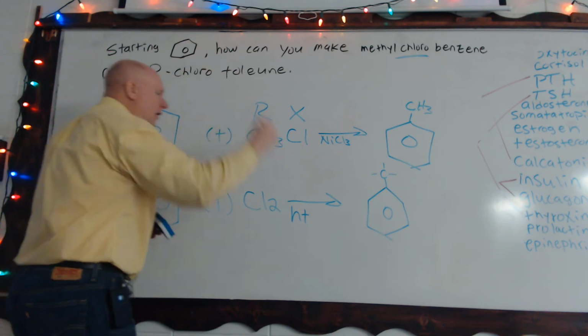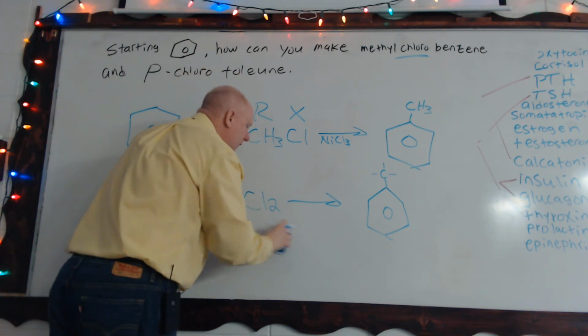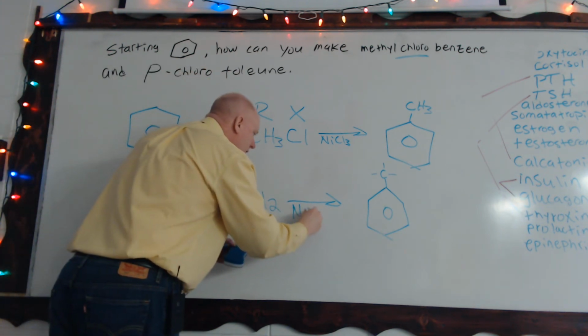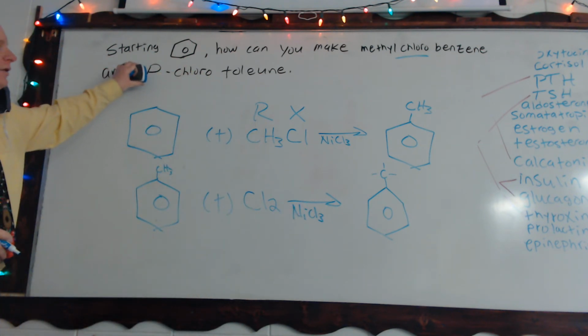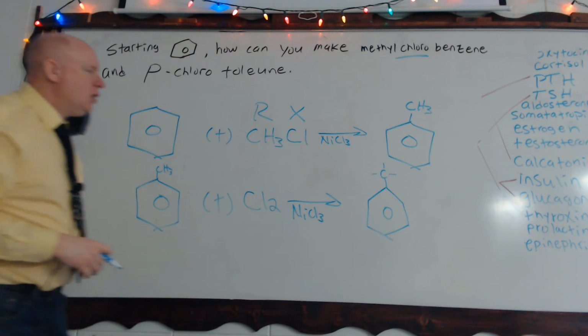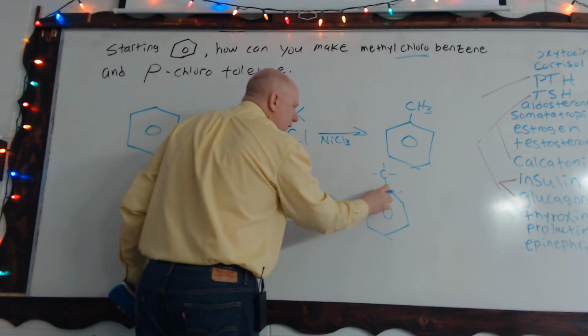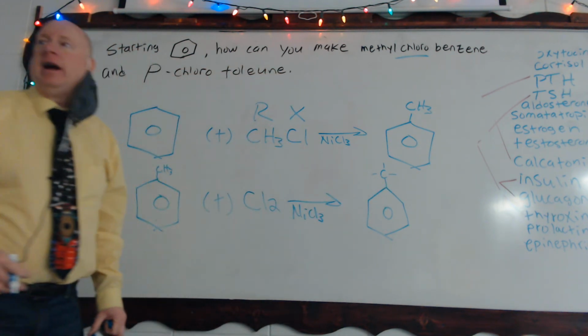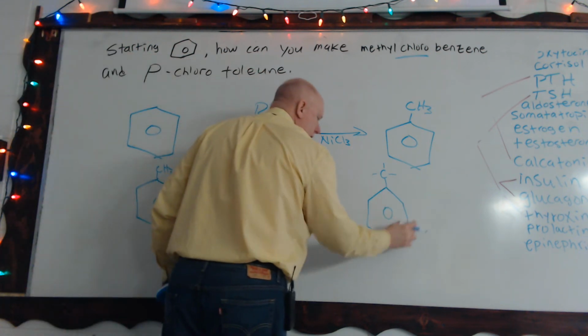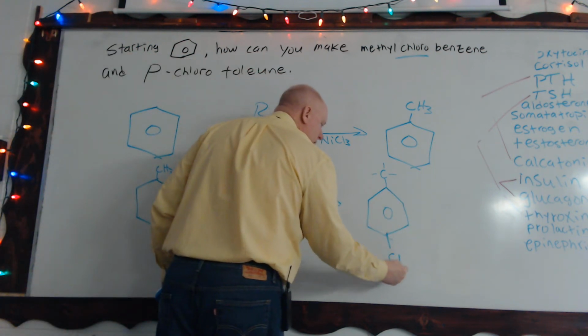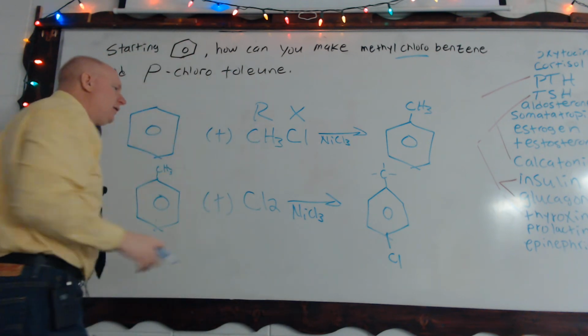If we use a metal halide again, now we can get our parachlorotoluene. That will give us one. Where is the para position for that? Is it right next to it? Yep, down here. Now we've got our parachlorotoluene.